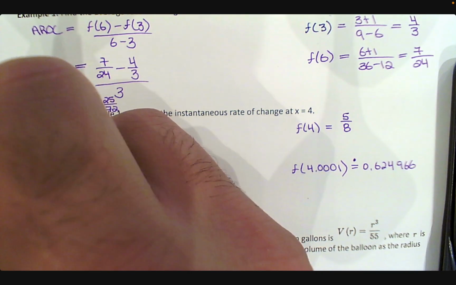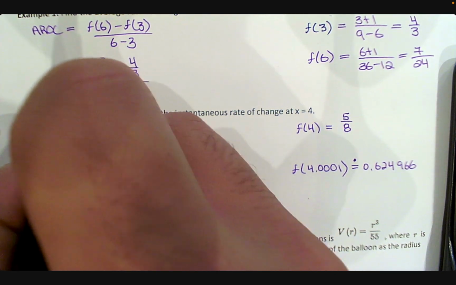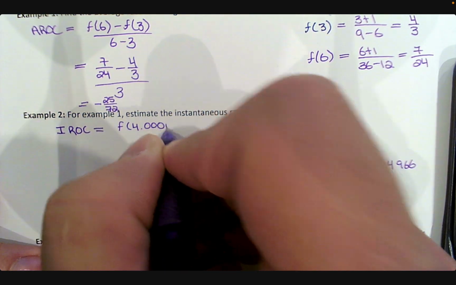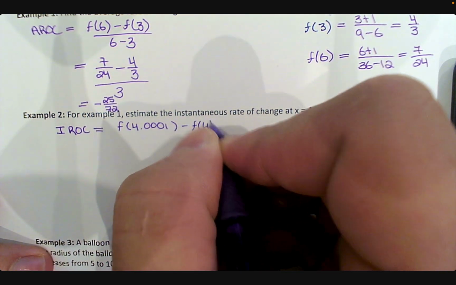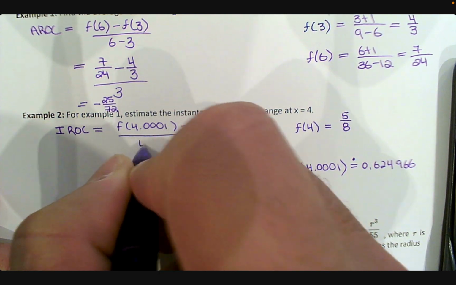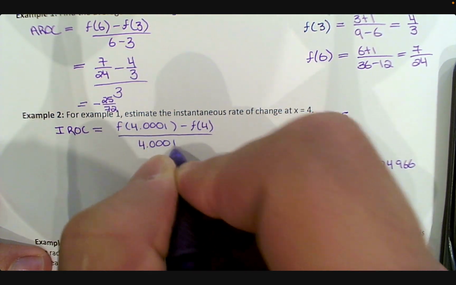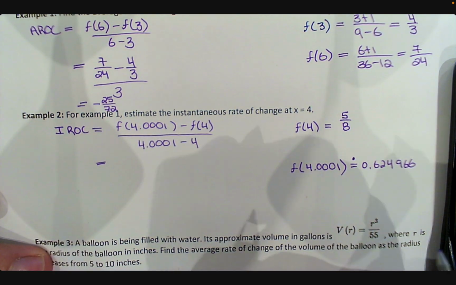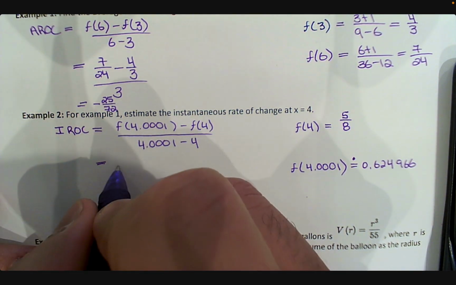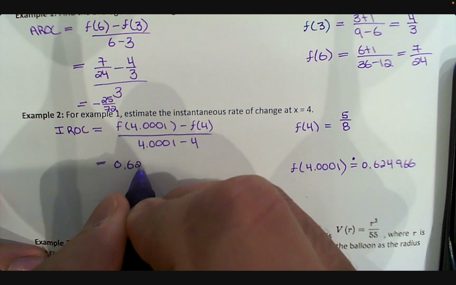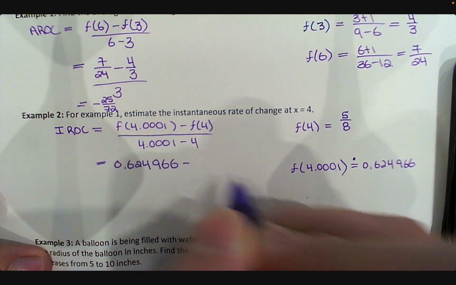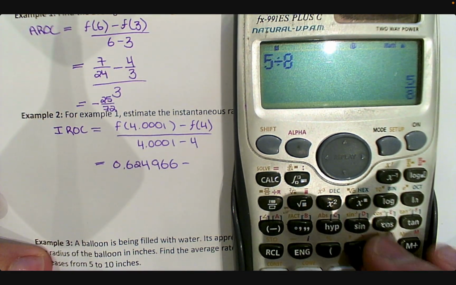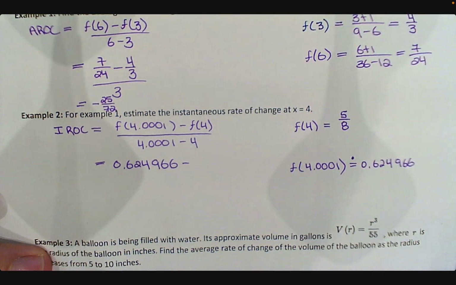So let's set up our IROC equation. f of 4.0001, f of 4, 4.0001 minus 4. And let's substitute in our y values. And 5 over 8, what is that as a decimal? Let's see. That is 0.625.